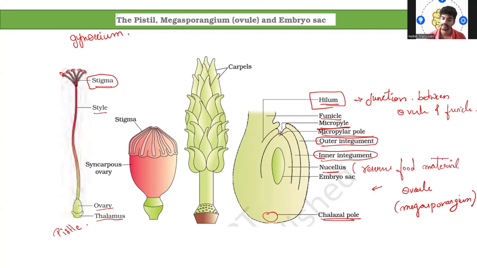Located in the nucellus is the embryonic sac. So the embryonic sac is located in the nucellus. This embryonic sac is also called the female gametophyte.